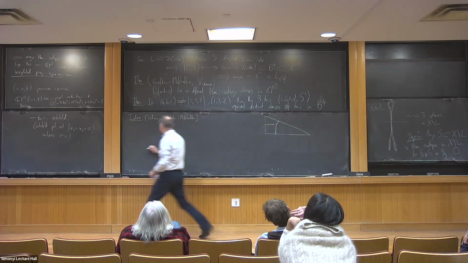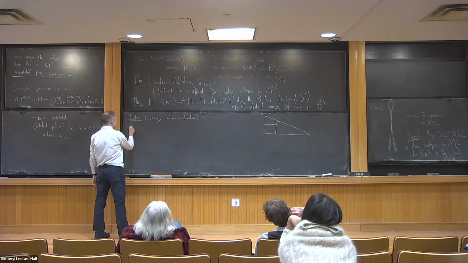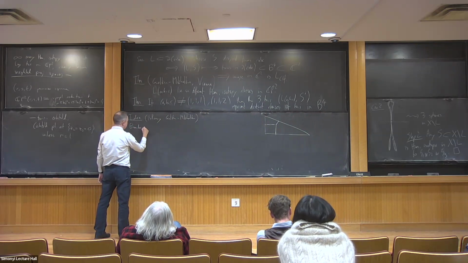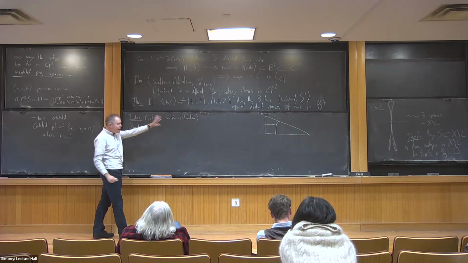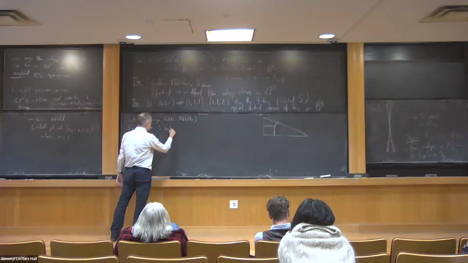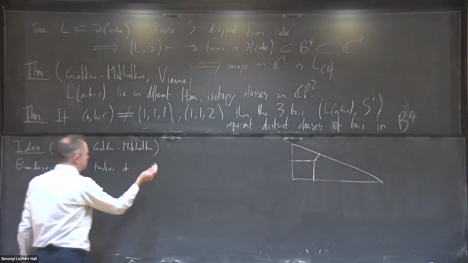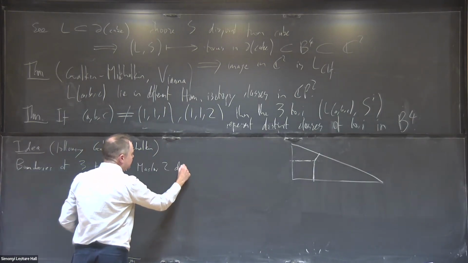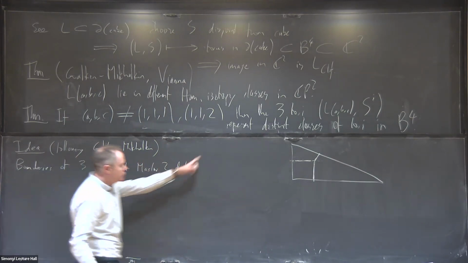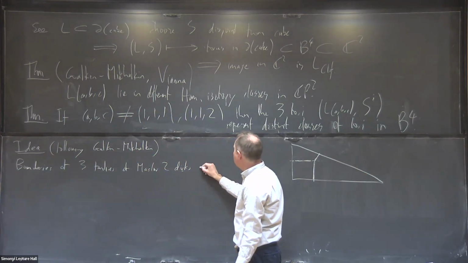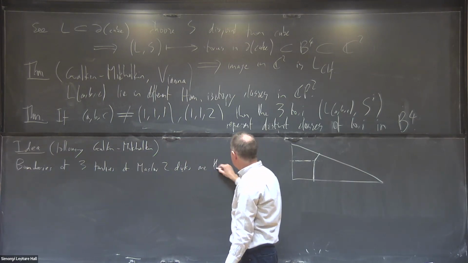So what this is, the boundaries of those disks, just the boundaries of the disks I can see, or the visible disks, right? So the boundaries of the 3 families of Maslov 2 disks. Maslov 2 we just think means area 1, so check the area is 1.